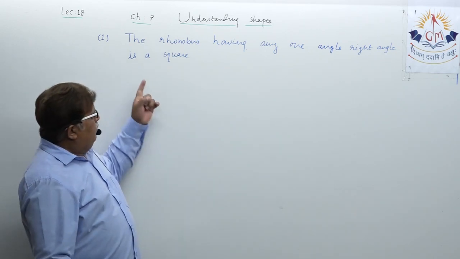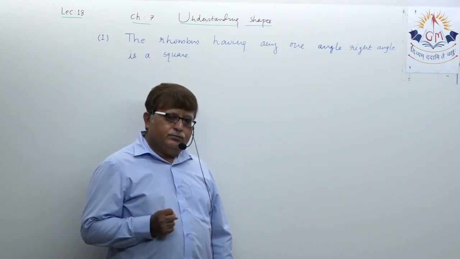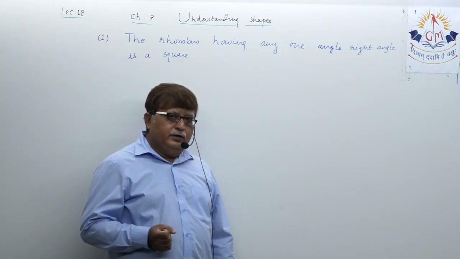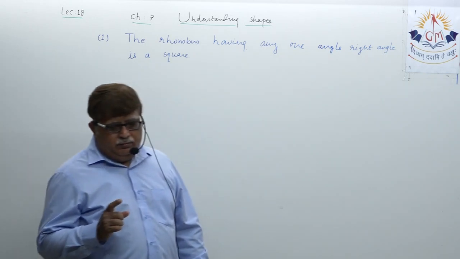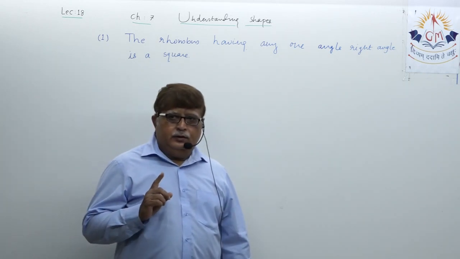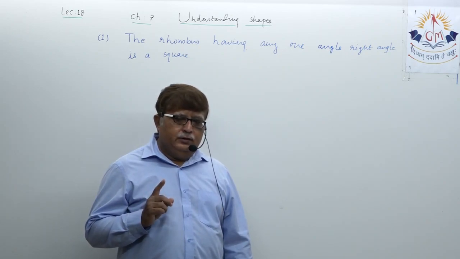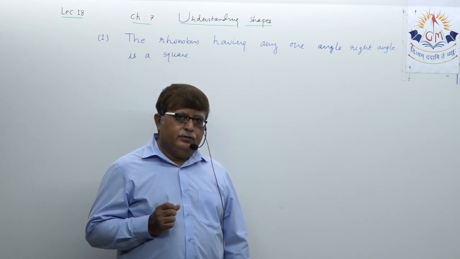It says that any rhombus having any one angle, right angle, is a square.